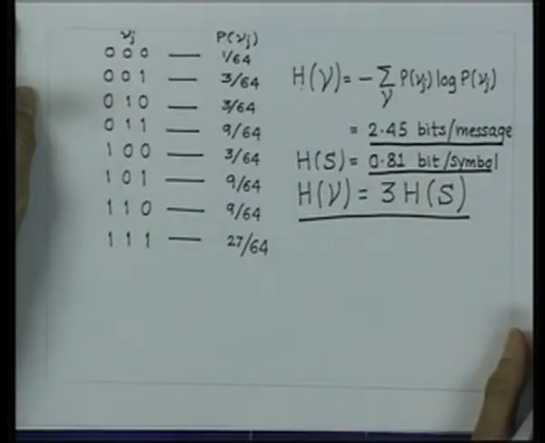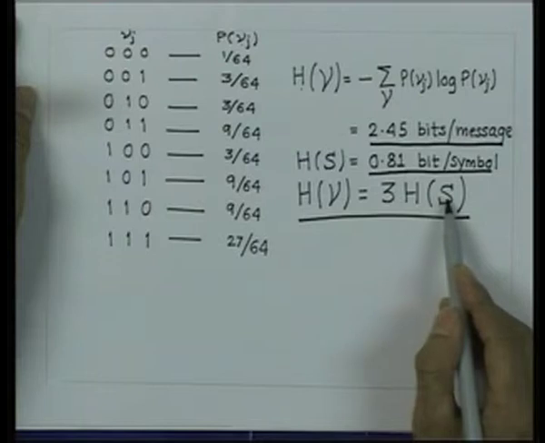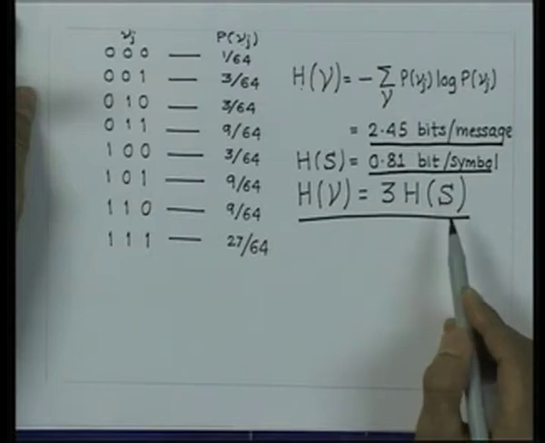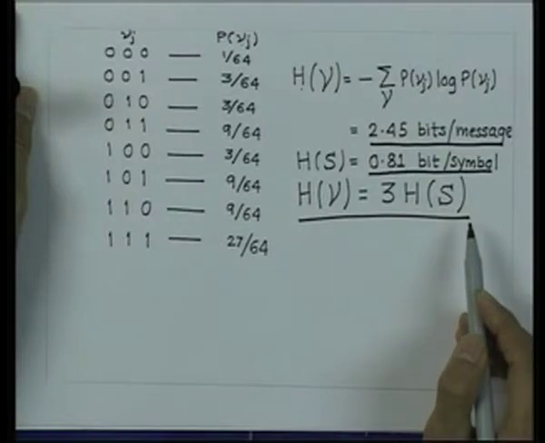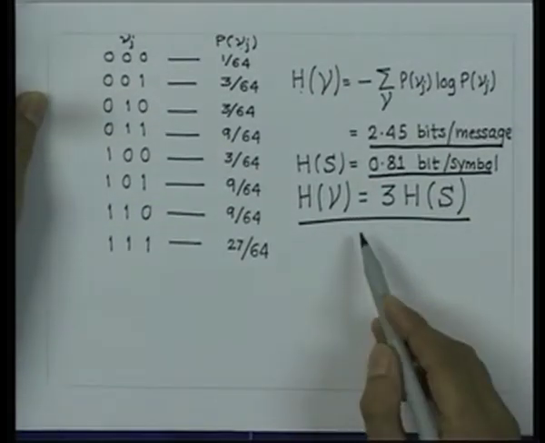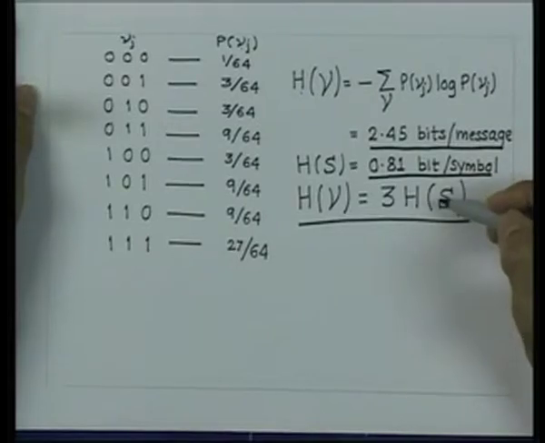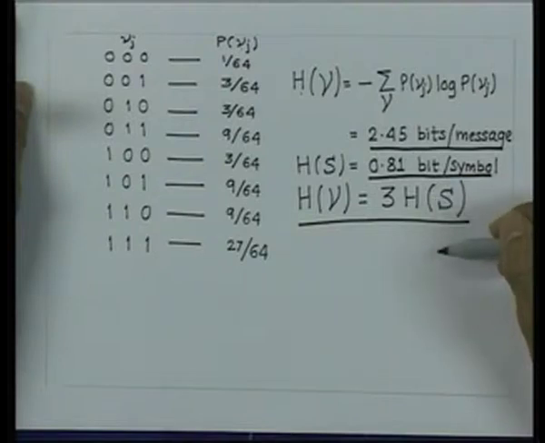This simple example was taken to show the relationship between a new source, that is V, and the old source S, when I look at the output sequence from the source S in terms of symbols in block lengths of 3. Instead of block lengths of 3, suppose I look at block lengths of n.